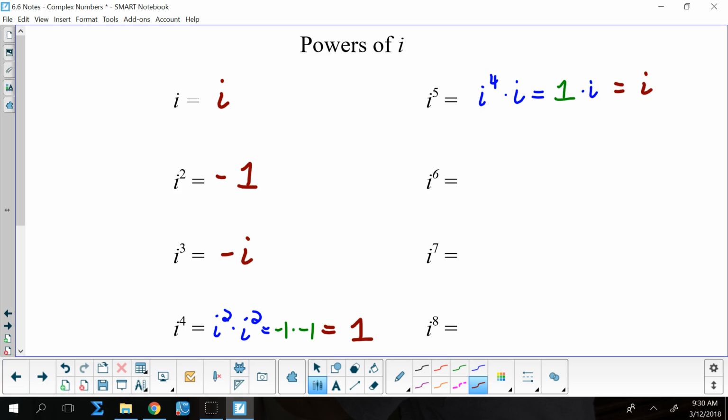What about i to the 6th? -1 is our guess.